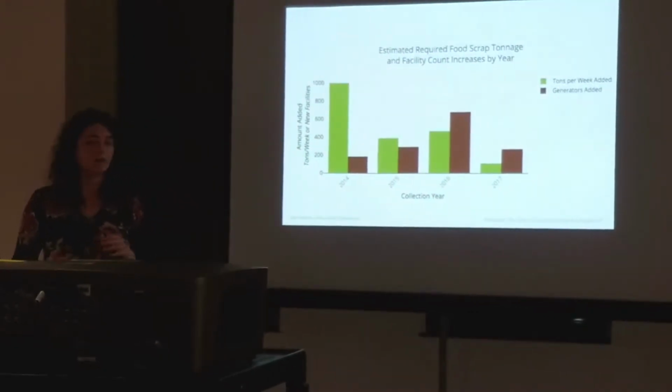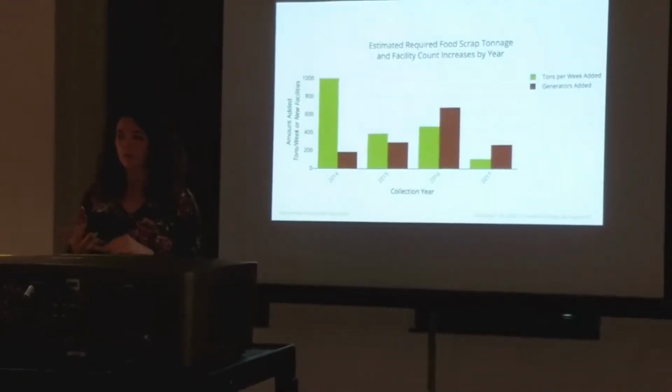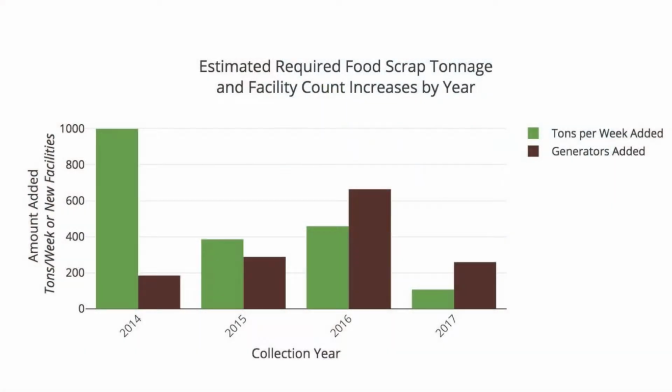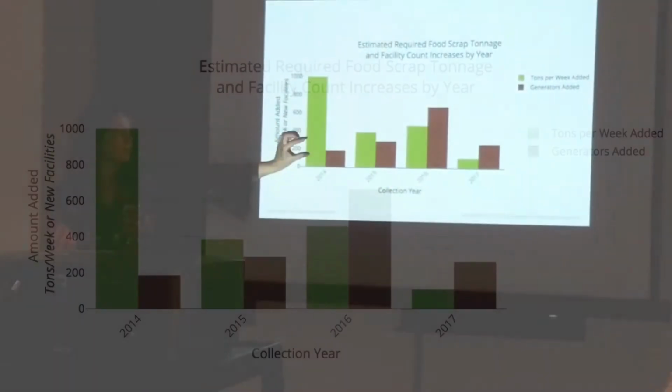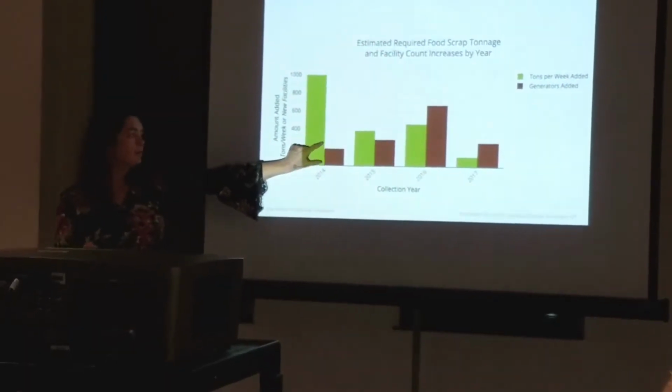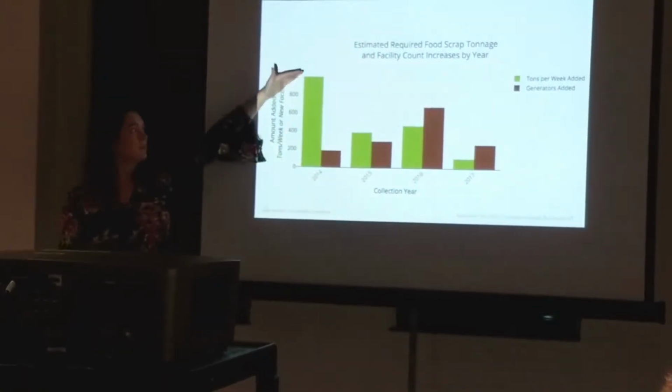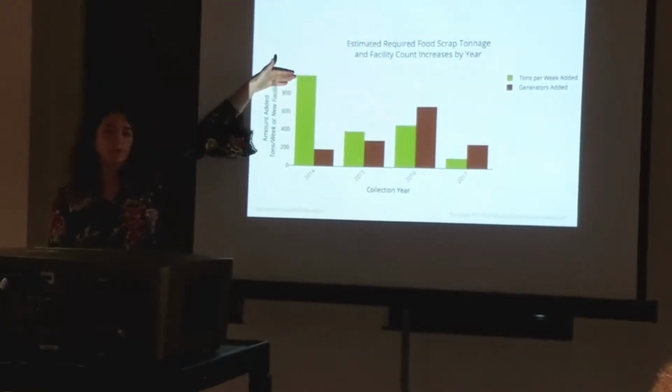And so when we look at what that looks like in terms of the phase-out plan for Act 148, we can see that the amount of tons per week added in 2014 was huge because there were a whole bunch of really big places that were immediately required to start composting their food scraps. So this was the number of food scrap generators, and then this was the amount of tons per week that were added.